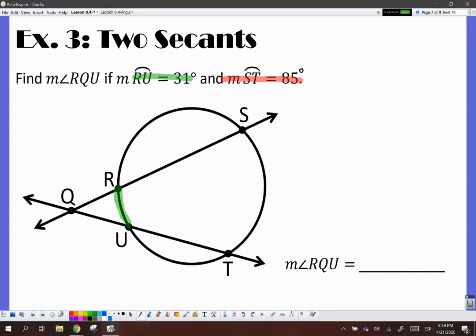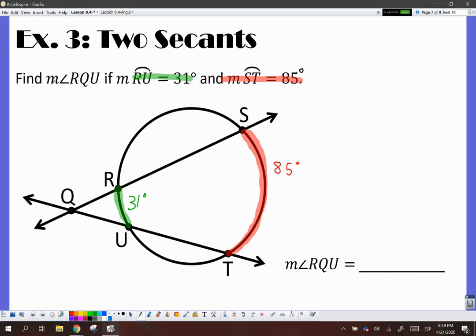Since I don't have the arc measurement labeled, I'm going to label it: 31 degrees for that arc. Now I'm going to find the other arc, ST. Here's point S, here's point T, so I know that my arc goes through here. And this is 85 degrees, so I'm going to write 85 degrees for that arc.